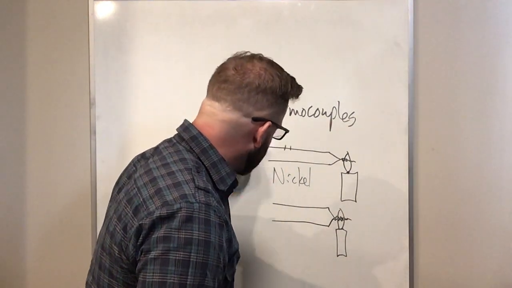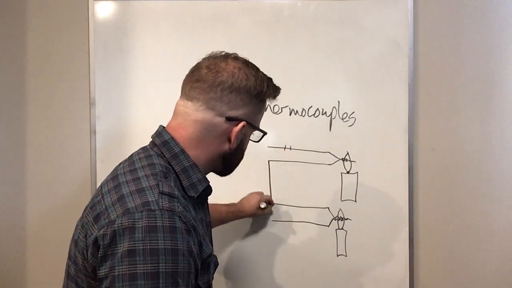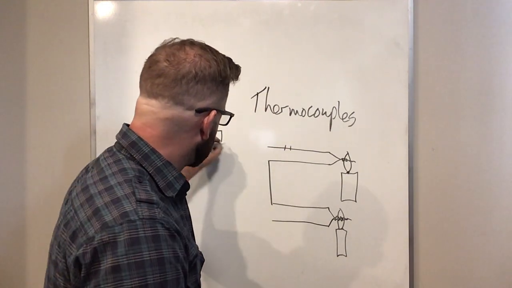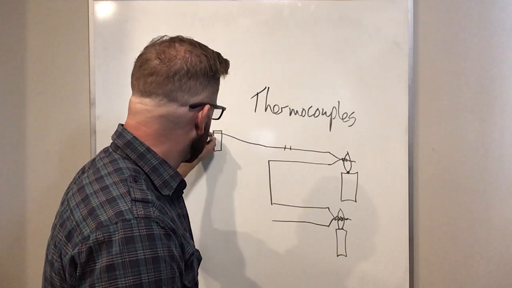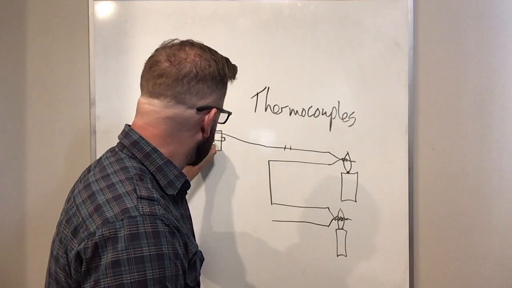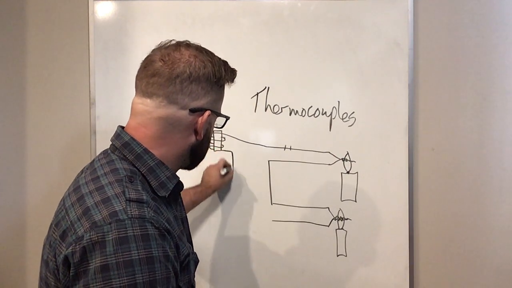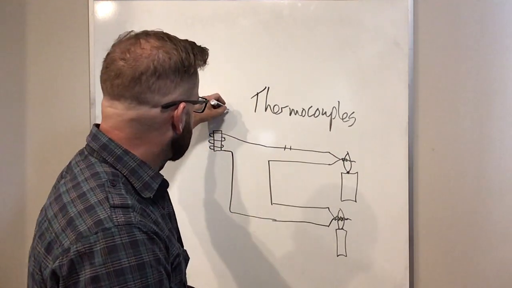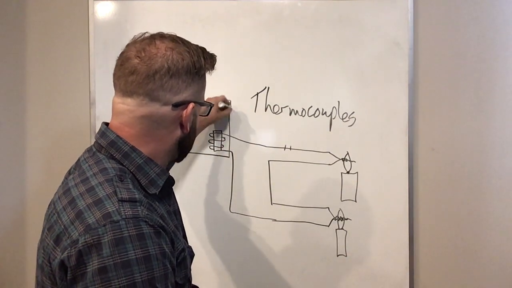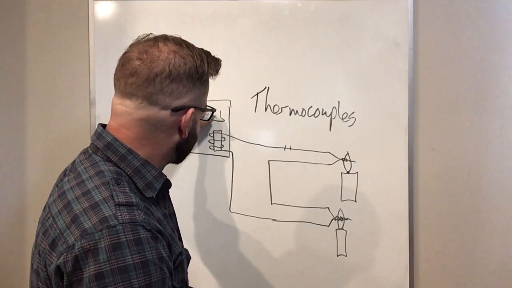So this thermal pile, let's say I have both of them together, they would end up coming over to a solenoid that's in a gas valve, and there would be a little plunger.